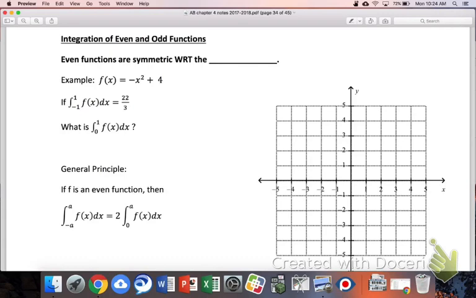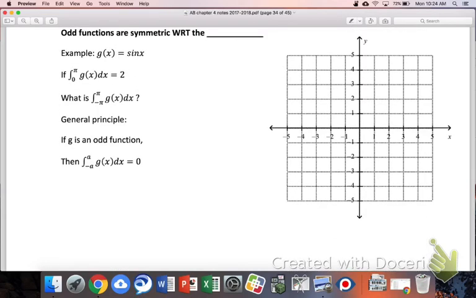Even functions are symmetric with respect to what? It wouldn't be a function if it was symmetric with respect to the x-axis. Y-axis. Even functions are symmetric with respect to the y-axis. That's one thing I want to make sure you remember. And then odd functions are symmetric with respect to, I think I heard you guys say it, yes, the origin.